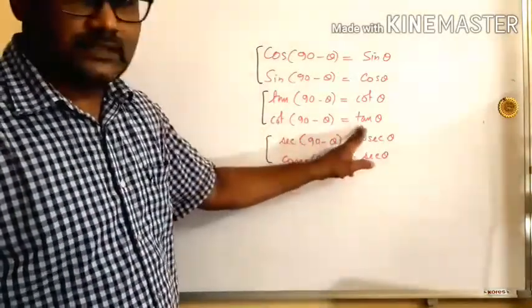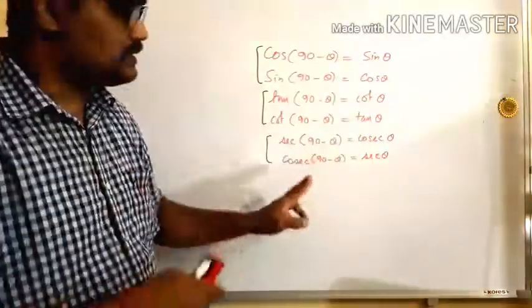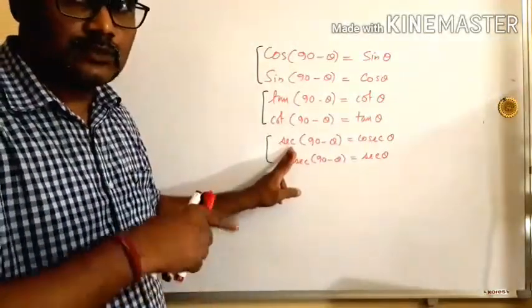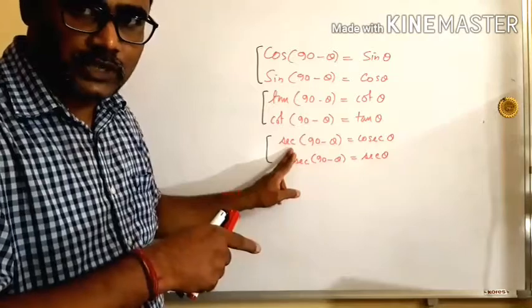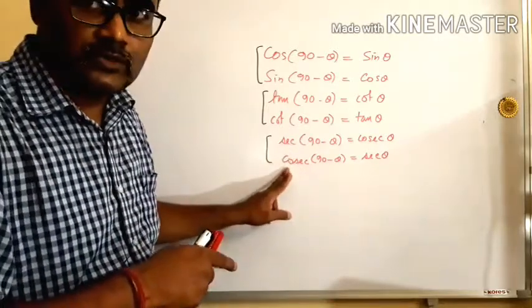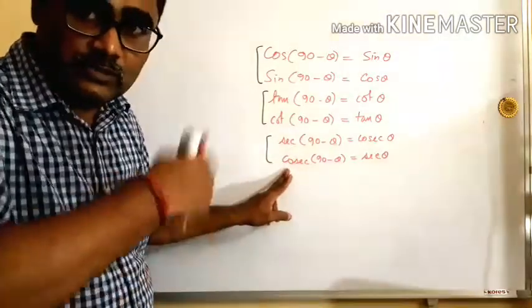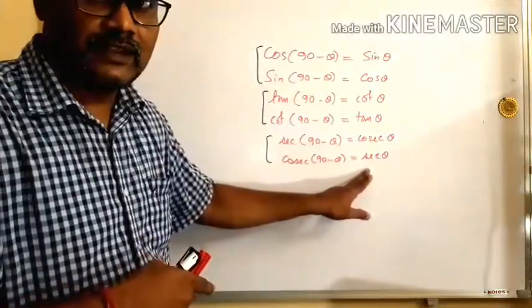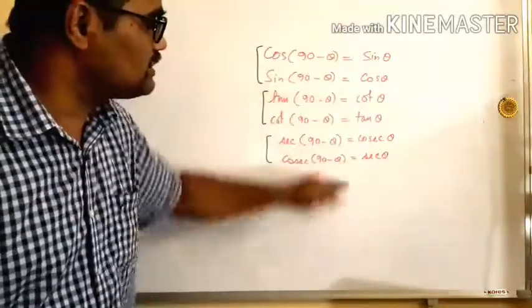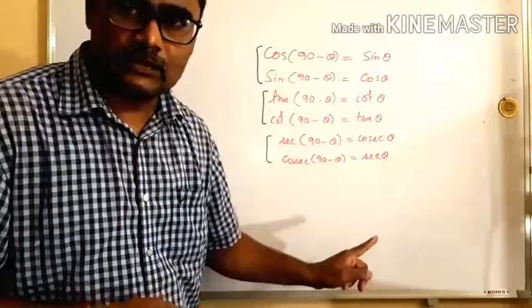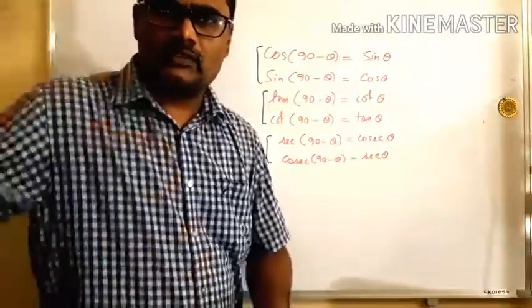Cotangent becomes tangent. Co has been dropped. Sec becomes cosec, prefixed co, right? And in cosec, co is already there, that has been dropped, becomes sec. And others are very, very clear. Whatever you want to write 90 minus theta, write it, no problem. Other will be theta.